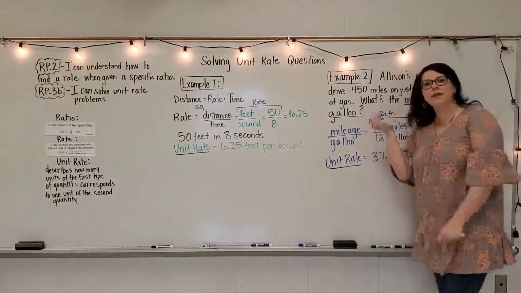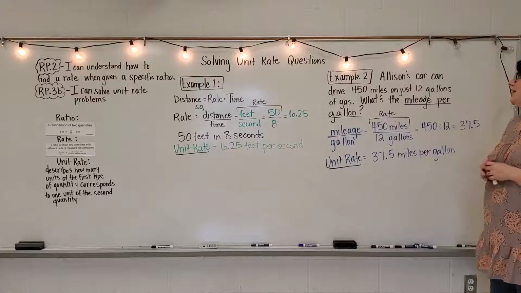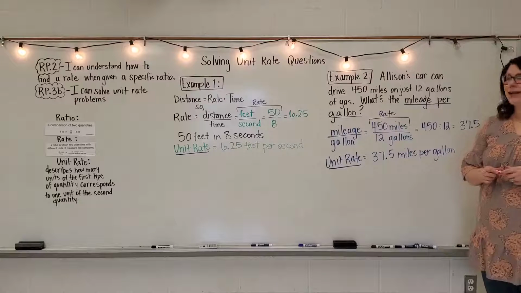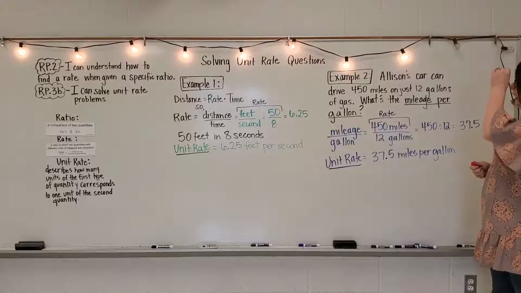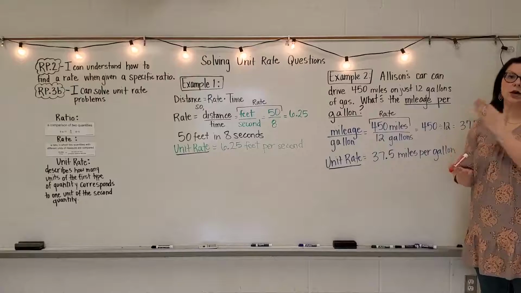Now, what if the question doesn't give me a formula? It may say this: Allison's car can drive 450 miles on just 12 gallons of gas. What is the mileage per gallon? Now, again, that order is so critical.